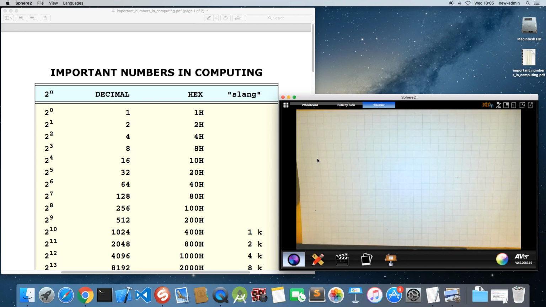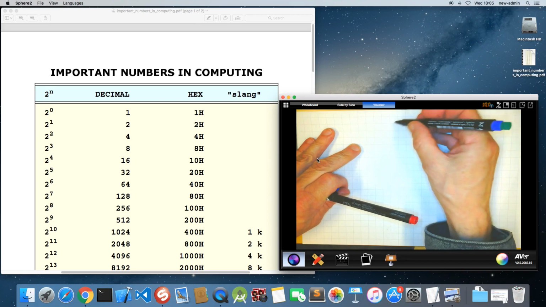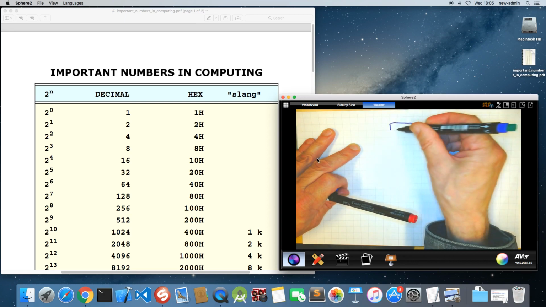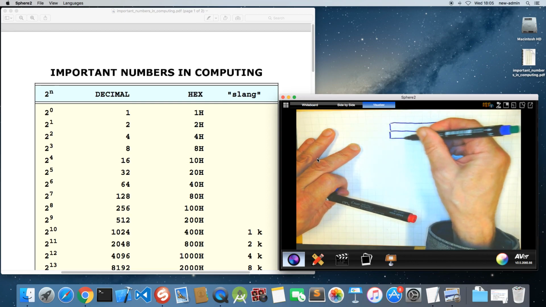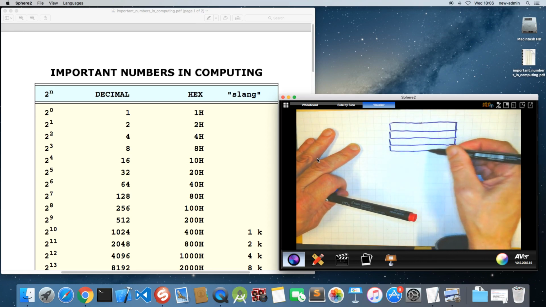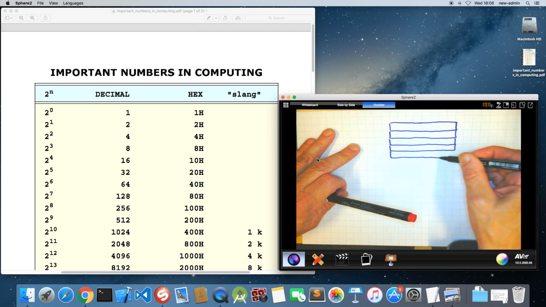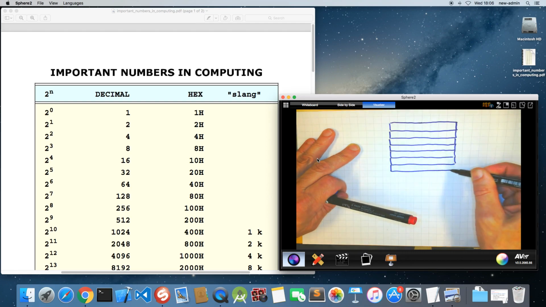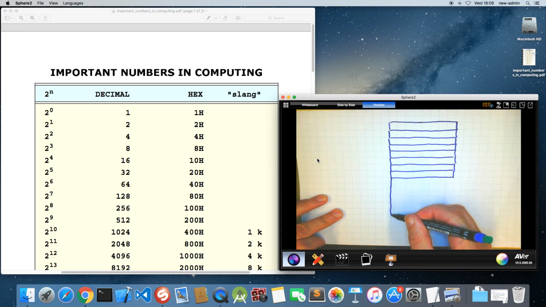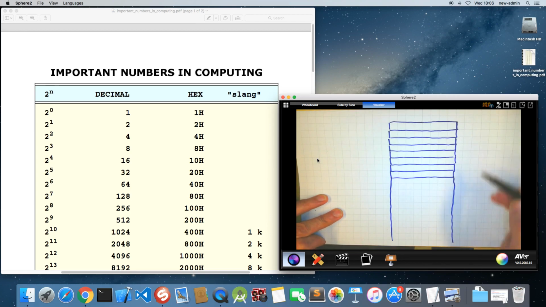You can think that the main memory of your computer looks like this, that there are 8-bit memory cells like this. Each of these things that I draw here are 8-bit memory cells.